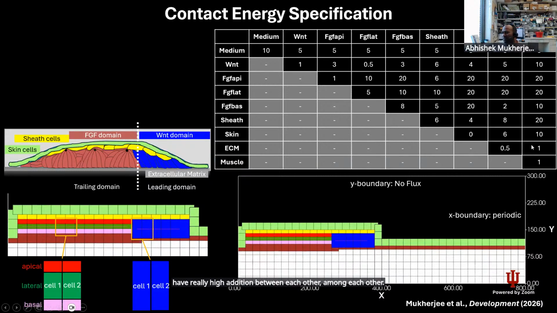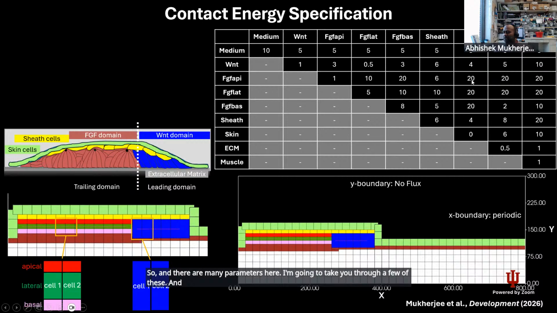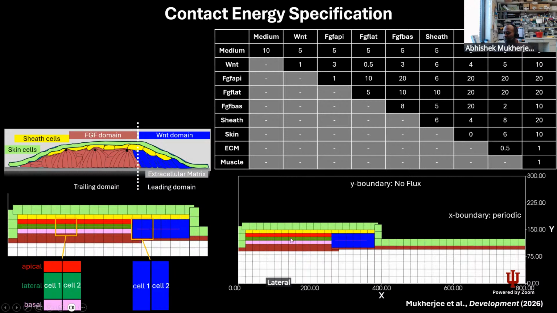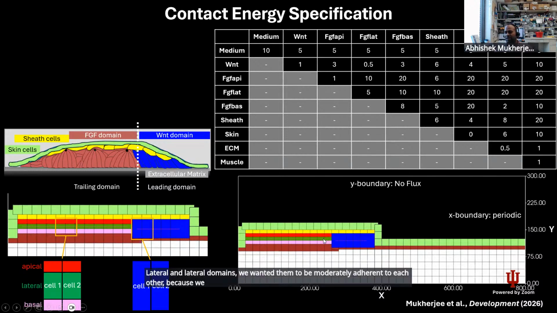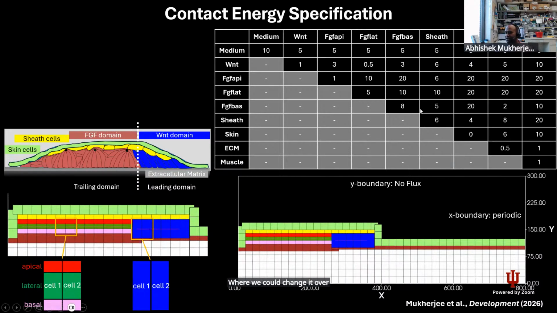So, there are many parameters here. I'm just going to take you through a few of these. And we didn't want the apical domains to really come into contact with the skin or the ECM or the muscle. So we set those to very high. Lateral and lateral domains, we wanted them to be moderately adherent to each other, because we noticed that there was a room afforded to us by this model setup, where we could change it over a wide variety of ranges.